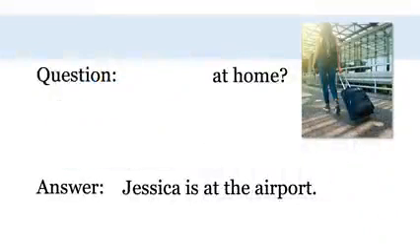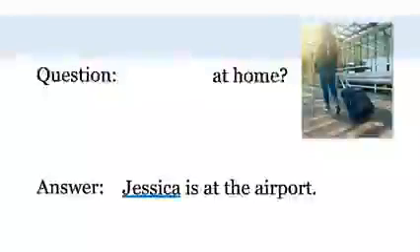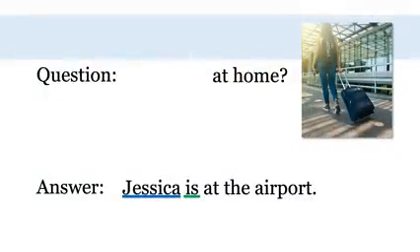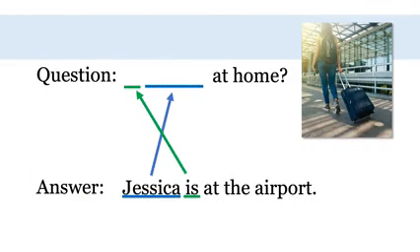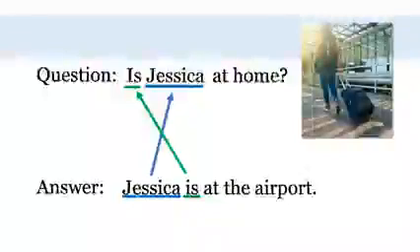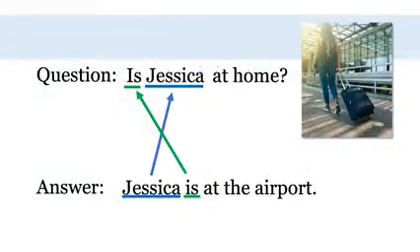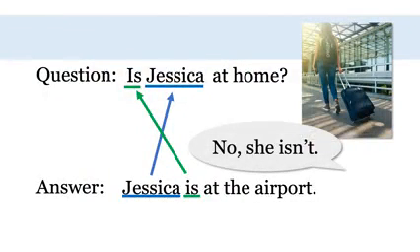Let's practice. Look at the answer. Jessica is at the airport. Jessica is the subject, and is the verb. So we reverse the order, and we get, is Jessica at home? No, she isn't.